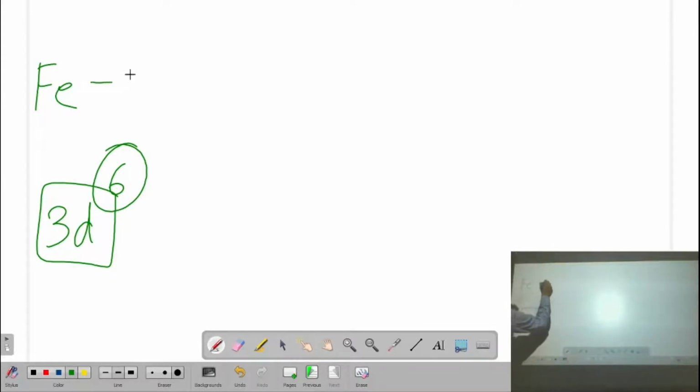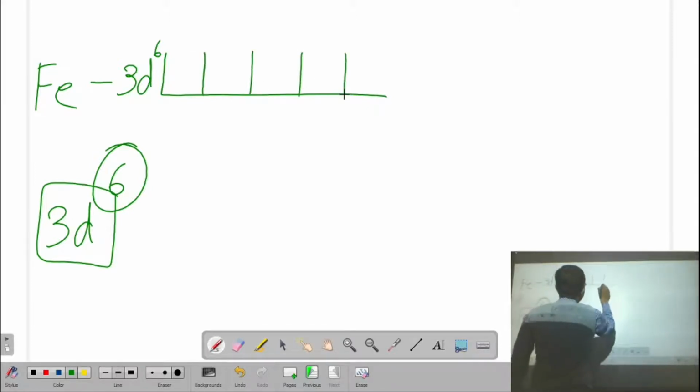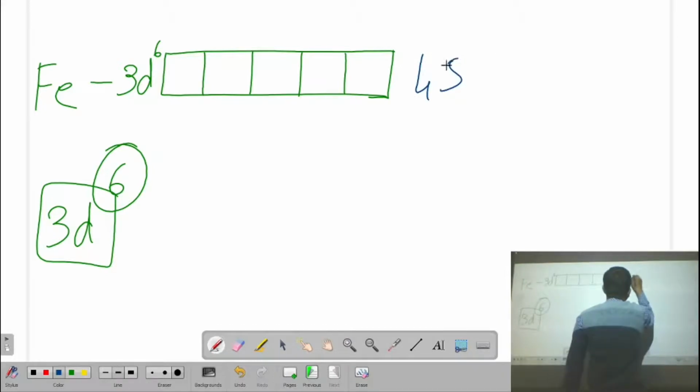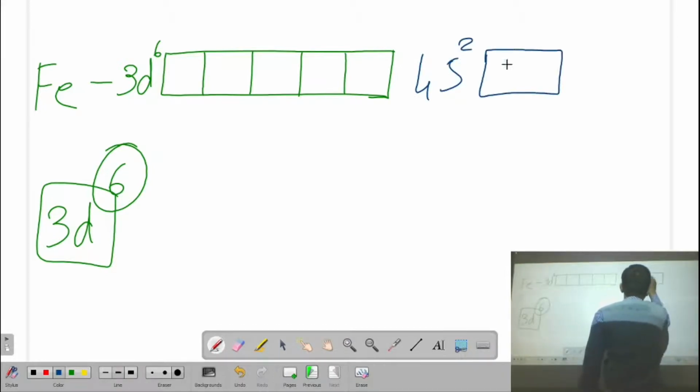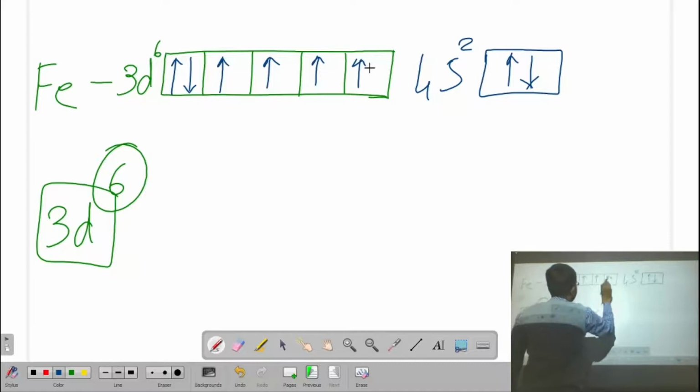So 3d6, and it will have 4s2, where both the electrons are paired. Over here one is fully paired and the rest 4 of them are unpaired. That is 1, 2, 3, 4, 5 and 6, right?